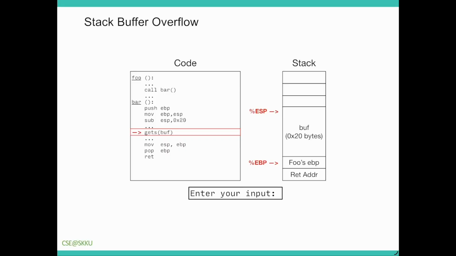So you probably heard of the term Stack Overflow already, right? Stack Overflow is this website where developers ask questions to each other. You can also sometimes copy your homework from the website, right? So the term Stack Overflow comes from the very common stack buffer overflow bugs that can be found in many C programs.